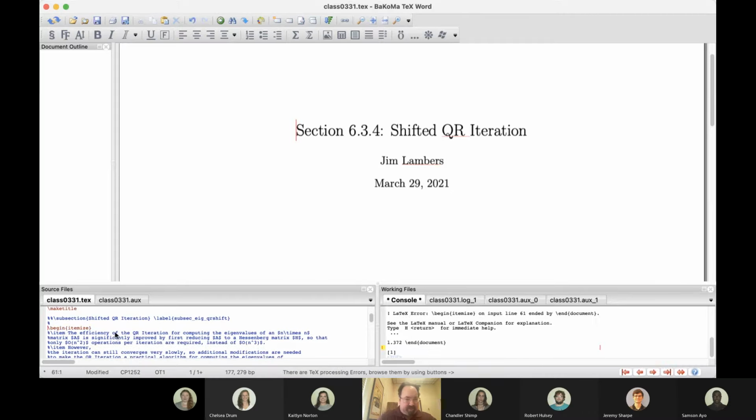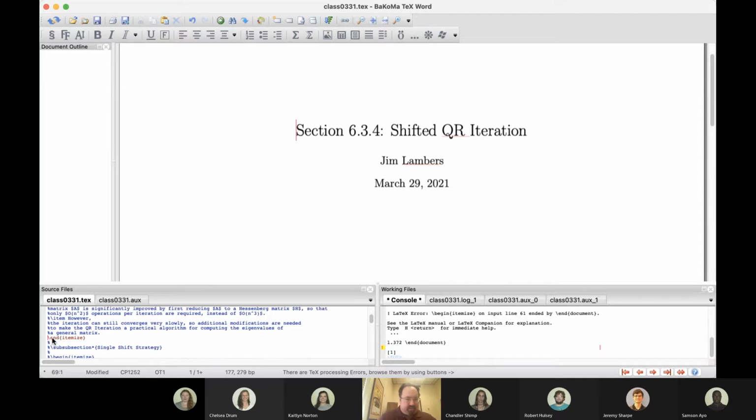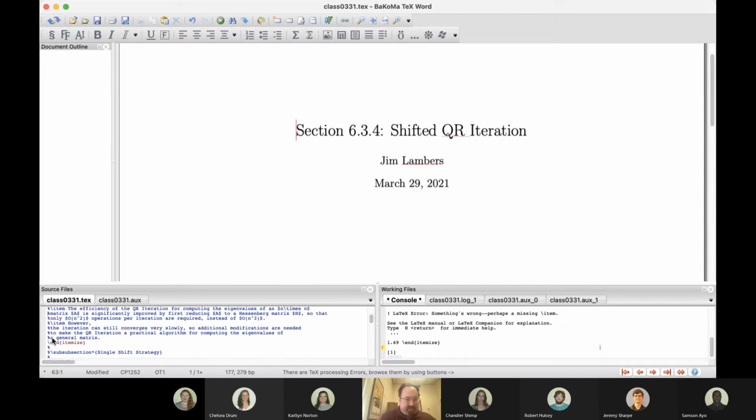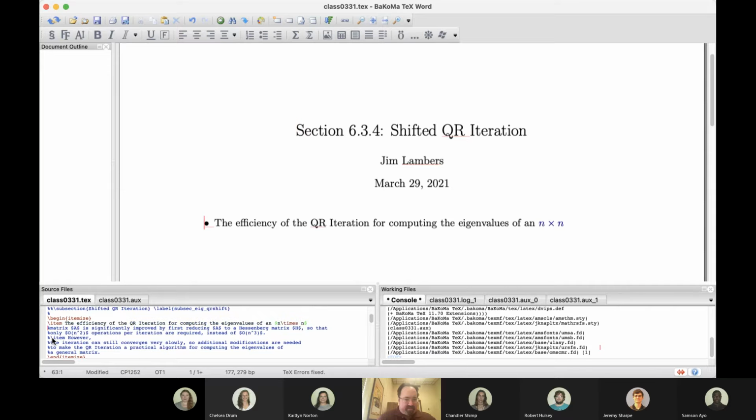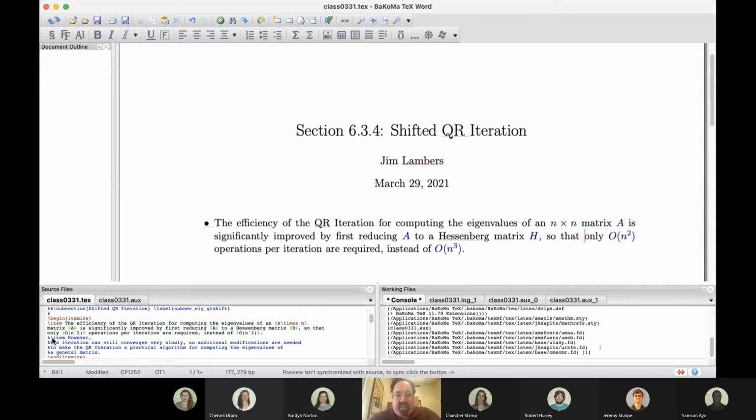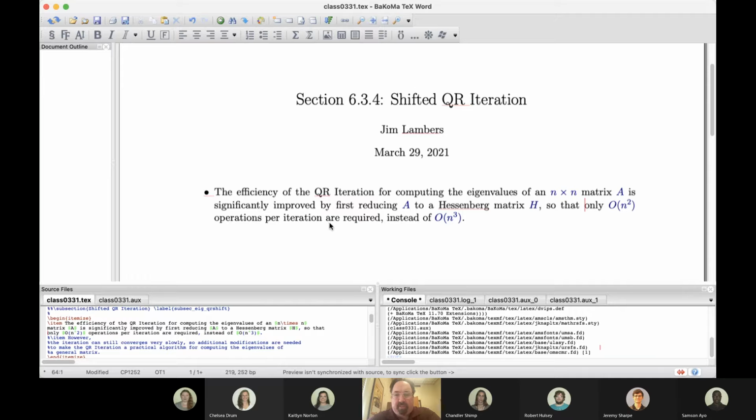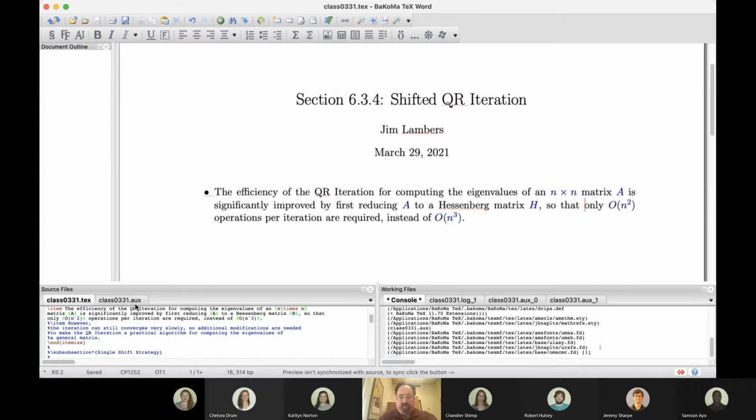So meaningful progress was made last time, but there's still more to do. This is again progress that has been made to this point. Each iteration takes n squared work instead of n cubed like it did originally.